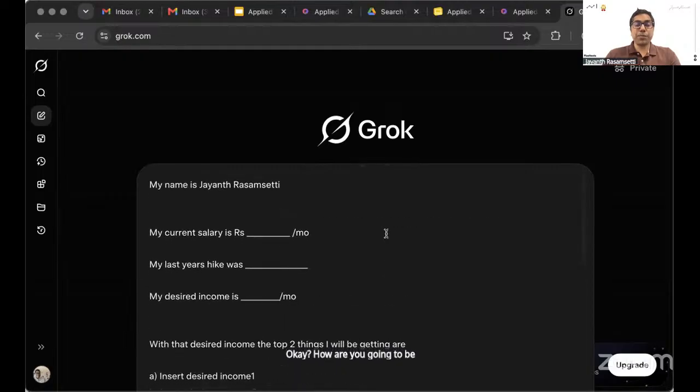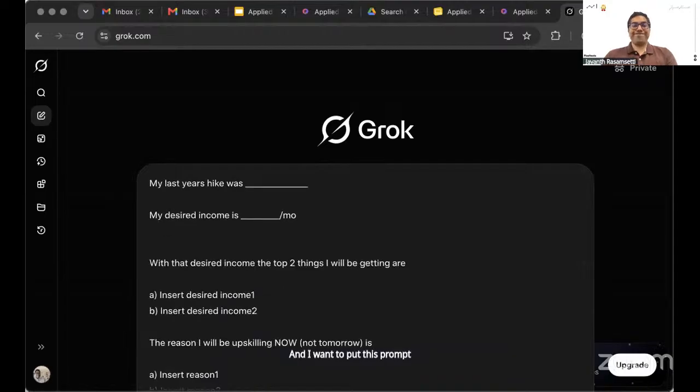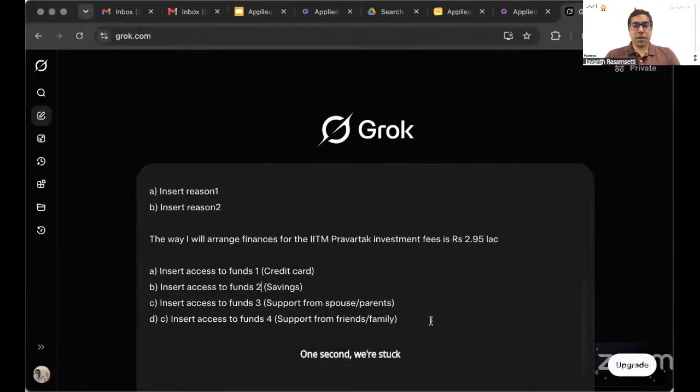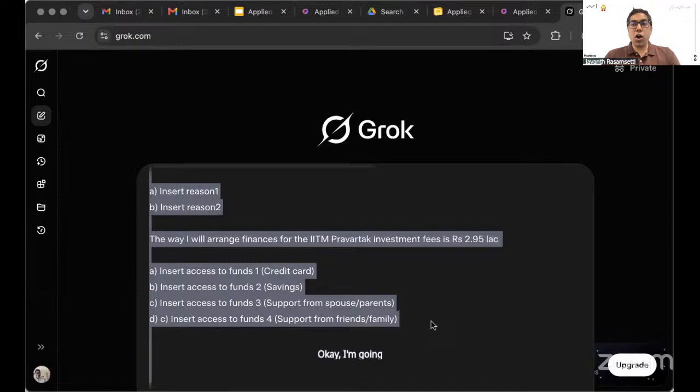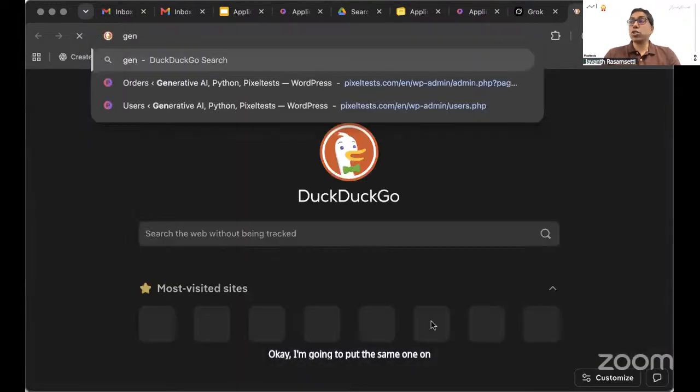So I'm going to put this prompt on Grok. One second, my computer got stuck. Okay, I'm going to put the same one on GenSpark. GenSpark is also an amazing tool.